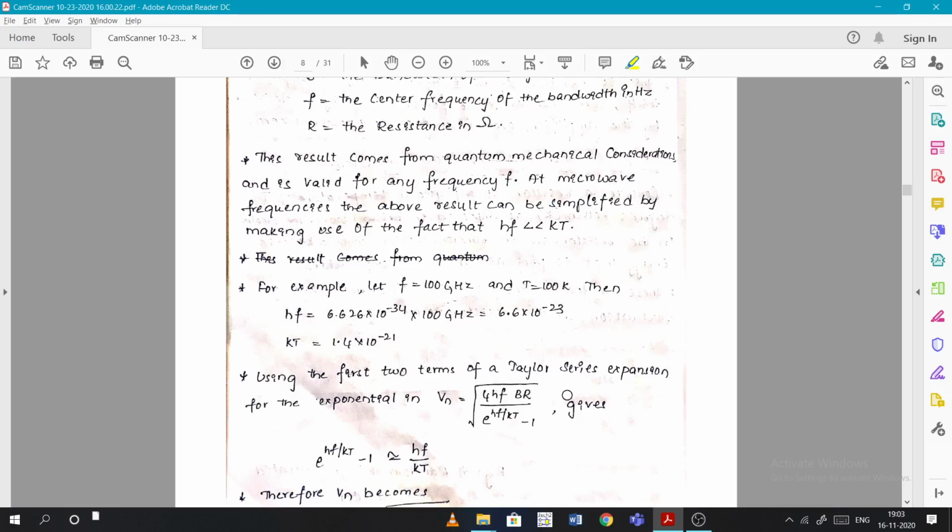Using the Taylor series expansion, when x is much less than 1, we can simplify e power x minus 1 as x. That means e power hf by kT minus 1 is approximated to hf by kT. So the denominator is changed to this value.